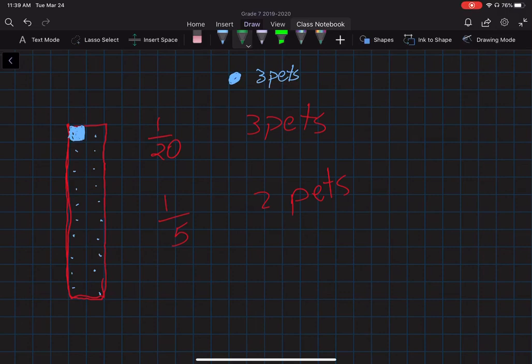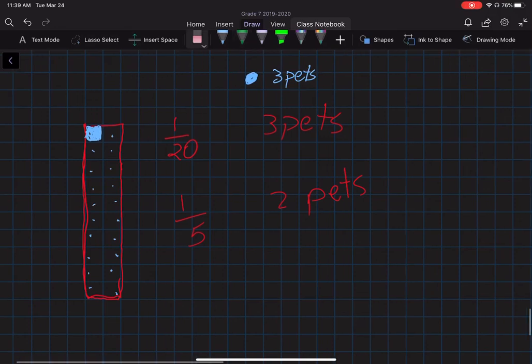For this part of the fraction, I need to divide my class into 5 pieces. So if I say that's a piece, a 2, a 3, a 4, and a 5, I cut the class into 5 pieces.